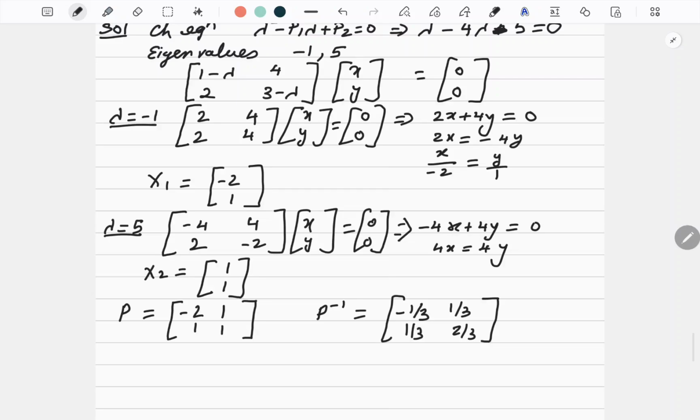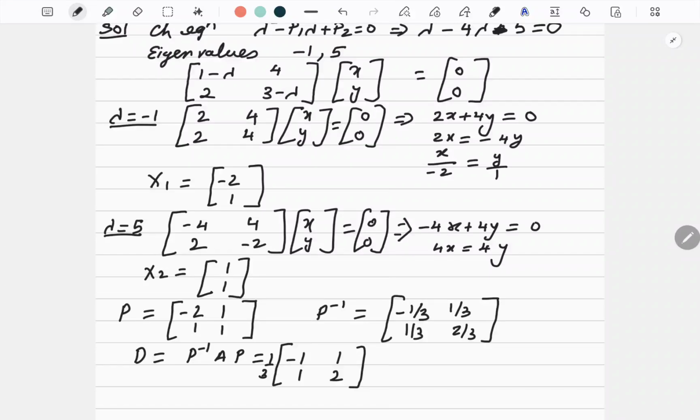Now once you get P inverse, what is the next thing you have to do? You have to find D, that is the spectral matrix or the diagonal matrix, which is equal to P inverse A P. Right? So I'll substitute the value. P inverse, you can write 1 by 3 outside and minus 1, 1, 1, 2.